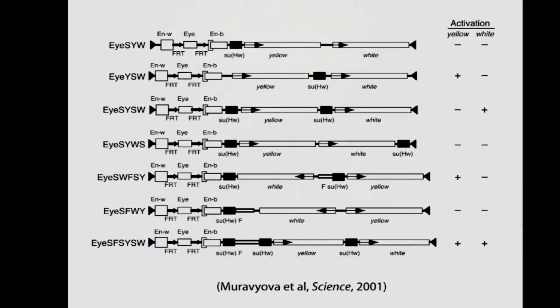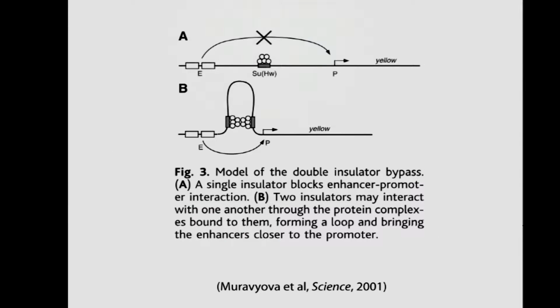And so the model that's hypothesized would be something like this. One of these proteins is just having this enhancer blocking activity.